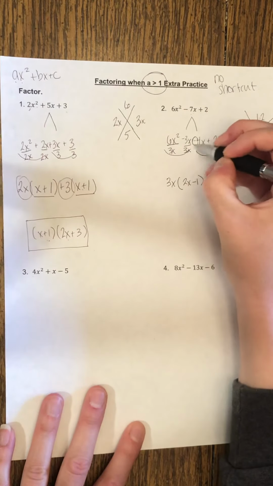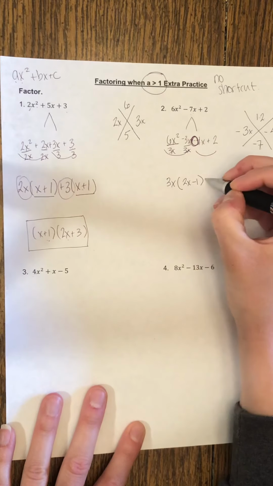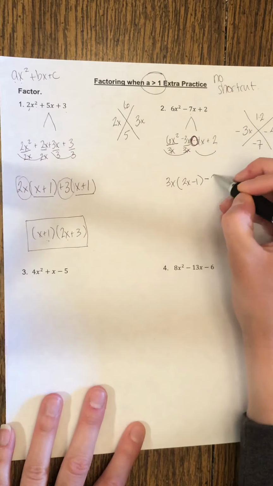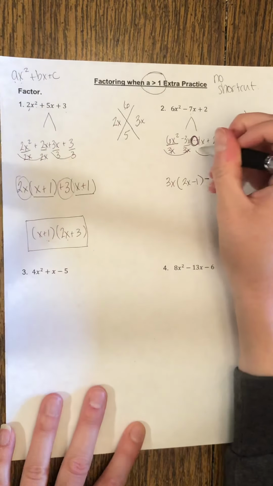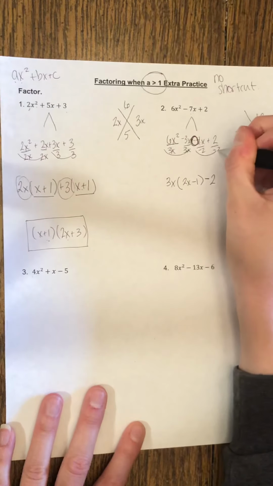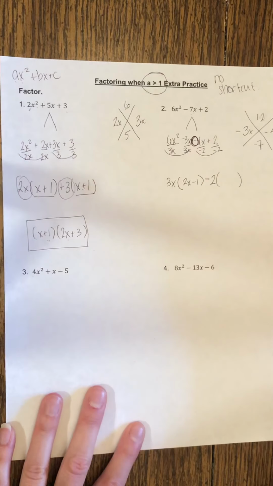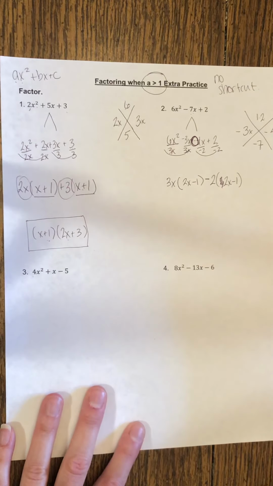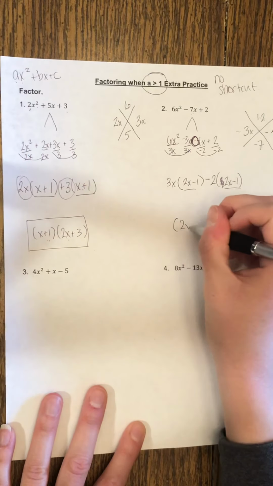Well, because this is a minus, remember, I am going to stick the minus next. 4 and 2 both have a common factor of 2. So I want to divide out a -2 from everything in that second group, which will give me 2x minus 1. Common binomial, so I know that I factored out the GCFs correctly.